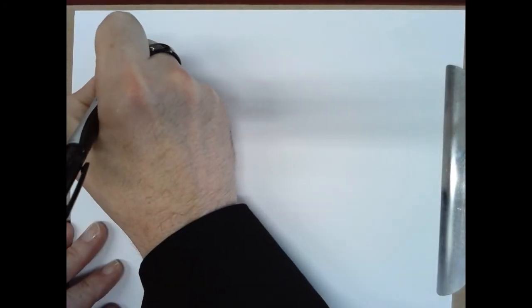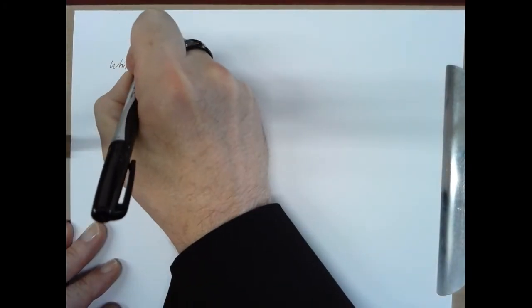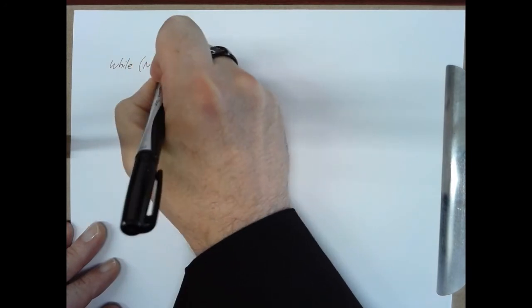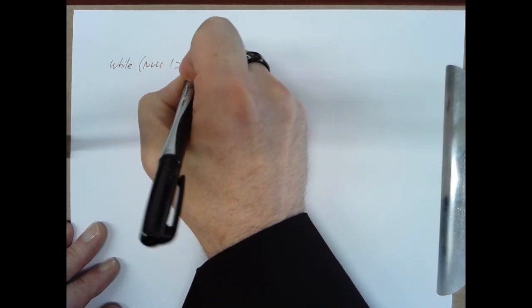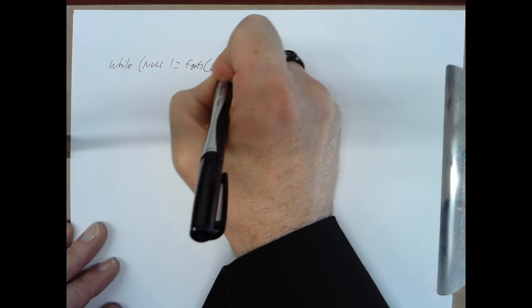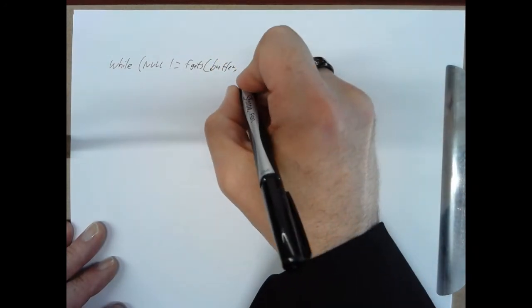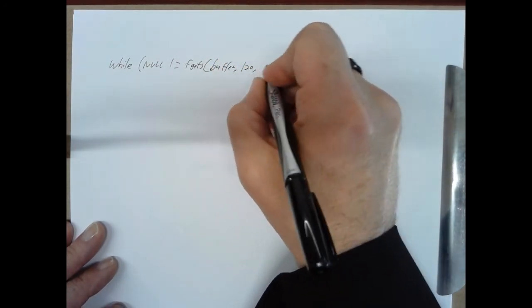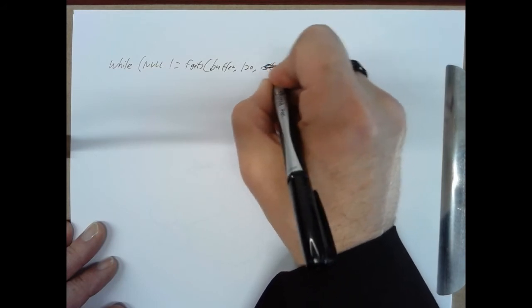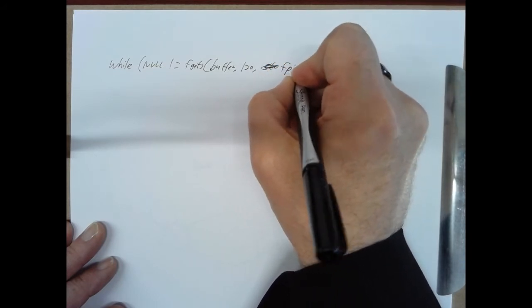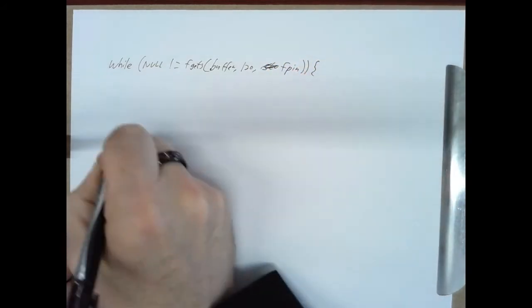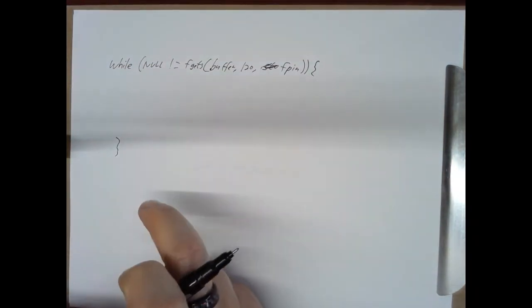The main difference is you need to loop, and one way to loop is look at the return value from fgets. So while null is not fgets, and your usual, give it an array length and a file pointer. And then do whatever you need to do in here.